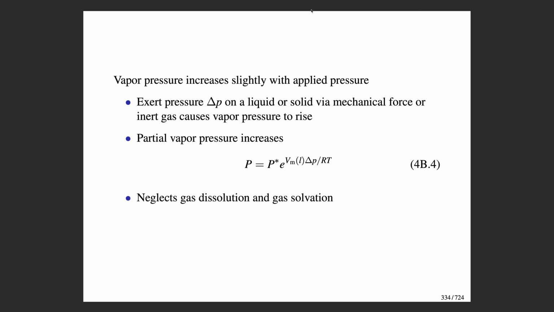If you increase the applied pressure on a liquid or solid, the partial pressure of the vapor above that liquid or solid increases. It has an exponential dependence on the increase in pressure, and this is the molar volume here of the liquid.